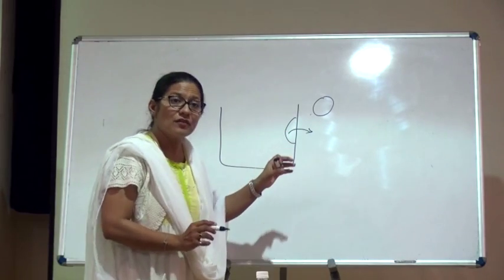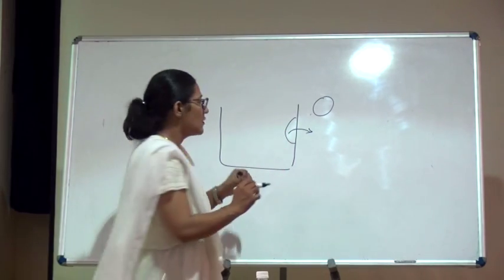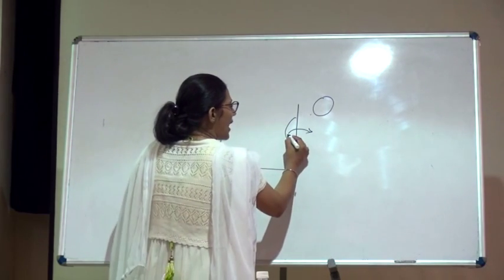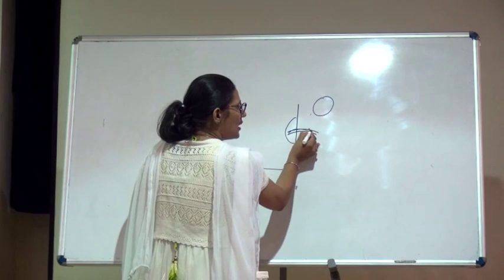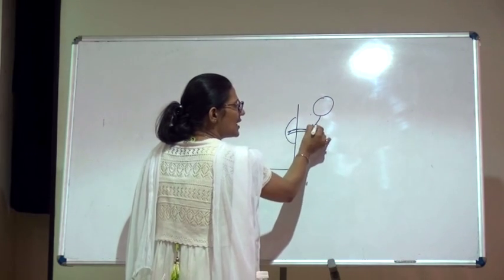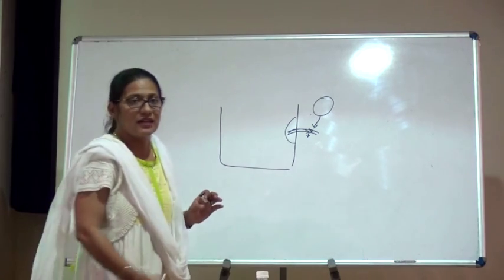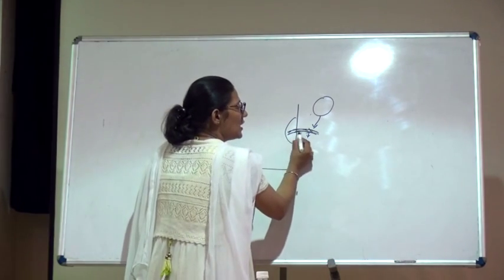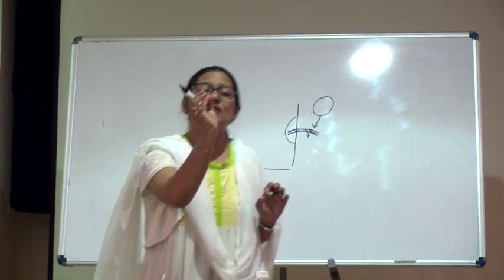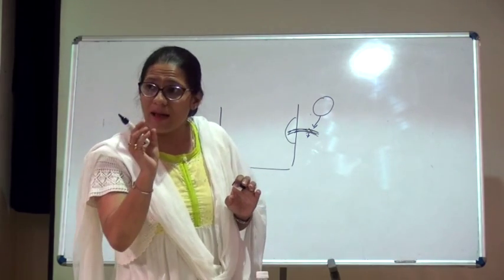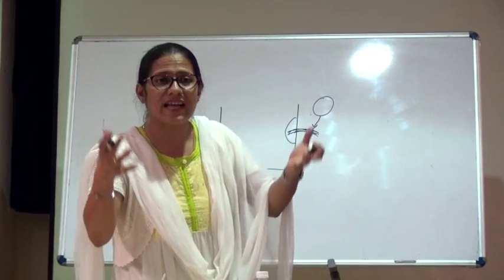But why is this growth there? That I need to explain to you. When the plant comes out, one part is towards the light, but another part is away from light. And in the cells of the part which is away from the light, the level of the auxins is more. And when the level of auxins is more, there will be more cell division.